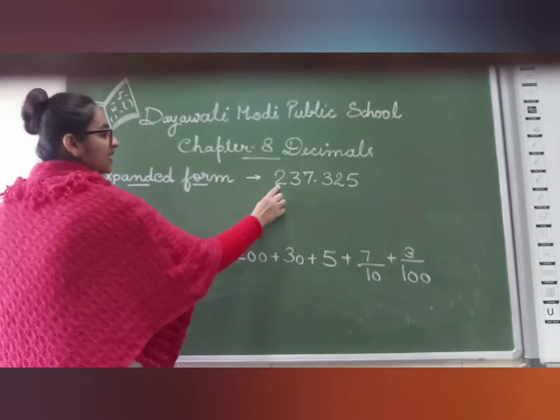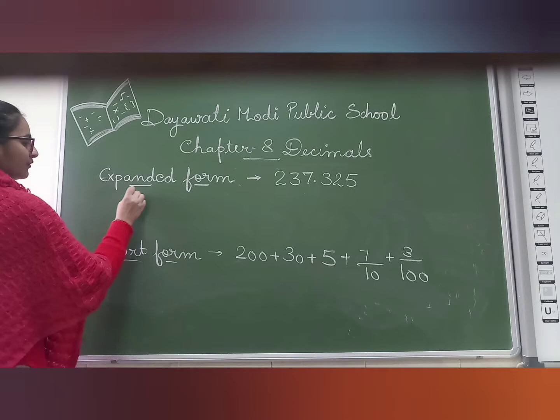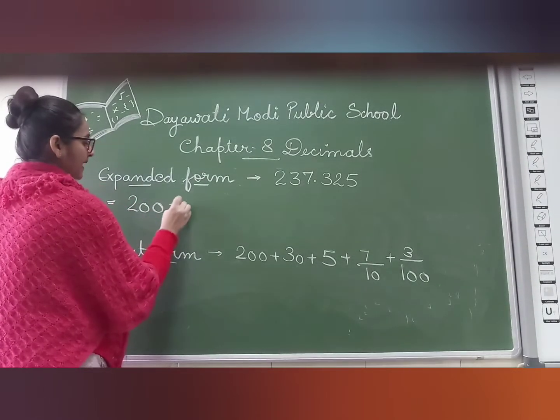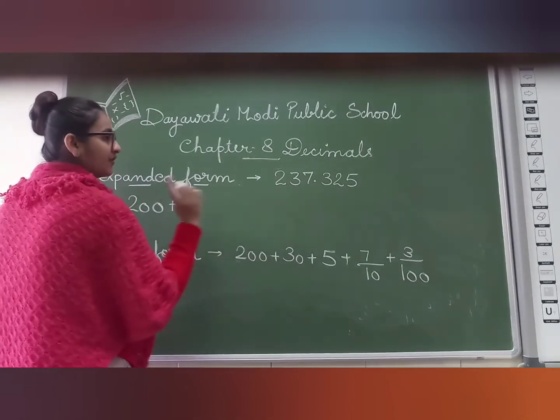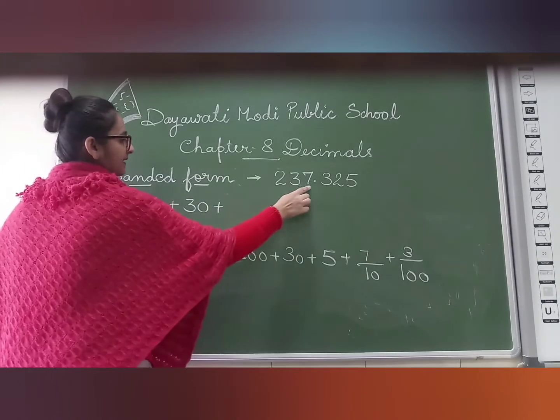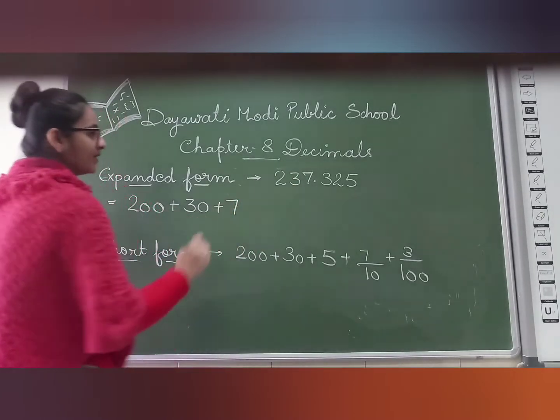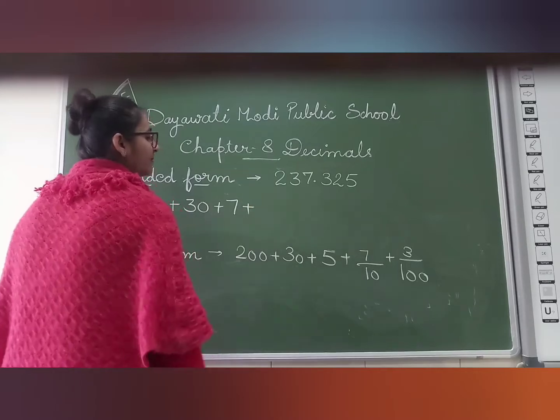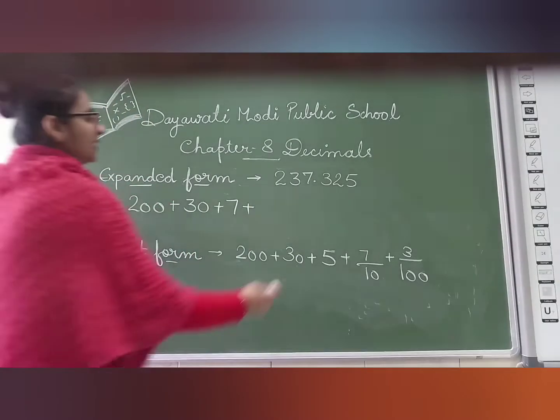So this is in the place of 200, so we will write 200. Now plus, this is at the place of tens, so we will write 30. And this is at the place of ones, so we will write simply 7. Now, again, we will mark the sign of addition.